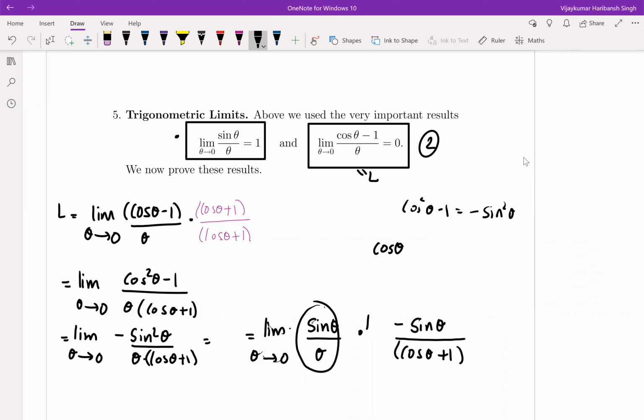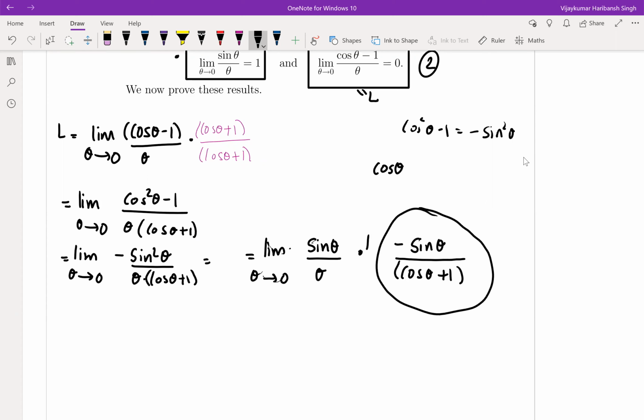When you put theta equals 0, you get sin 0 is 0, 0 upon 2. So this limit also exists, and I can break it into two parts: limit as theta goes to 0 of sin theta over theta times limit as theta goes to 0 of minus sin theta over cos theta plus 1. Now this is going to be 1 and this is going to be 0. So 1 times 0 is 0.